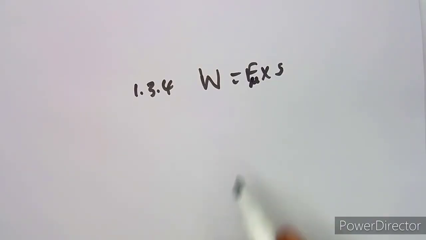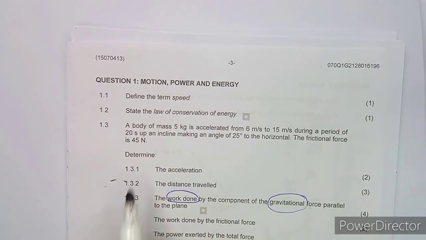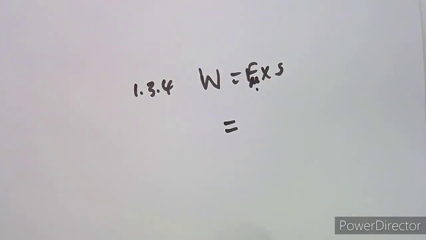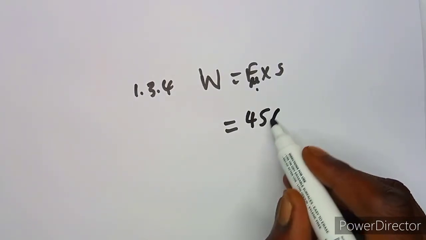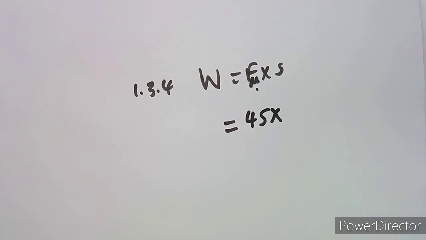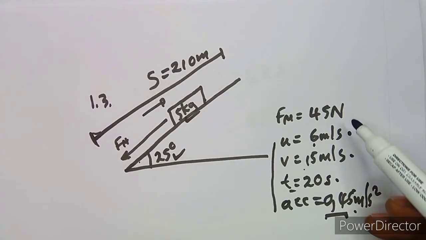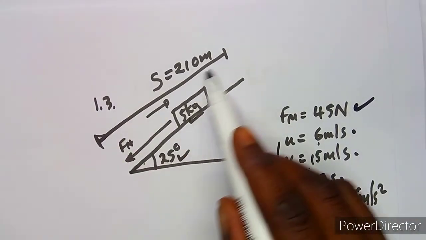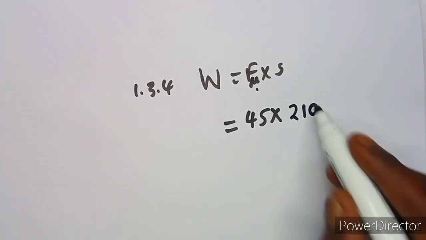We are just substituting here because we have got the frictional force from the list of our information. The frictional force is there, which is 45. So you've got 45 times the distance that we obtained, which is 210. So you're going to multiply by 210.